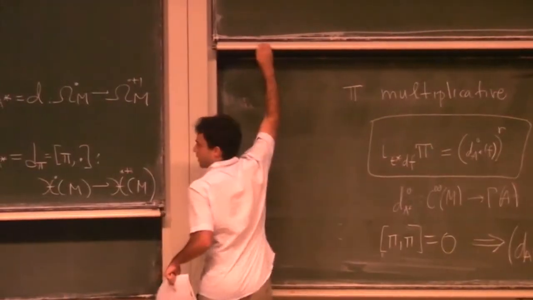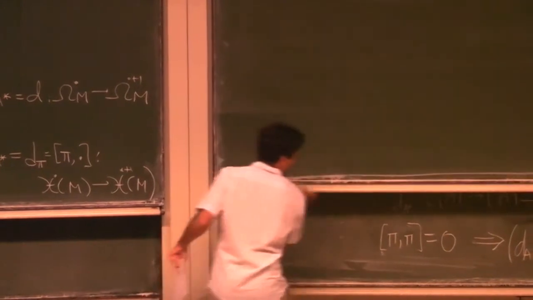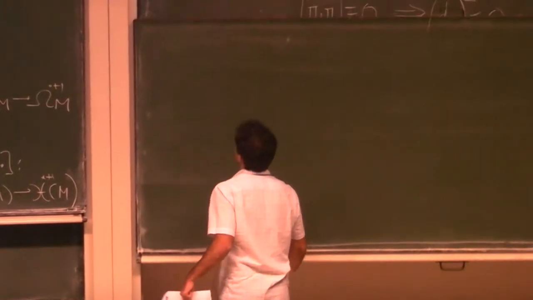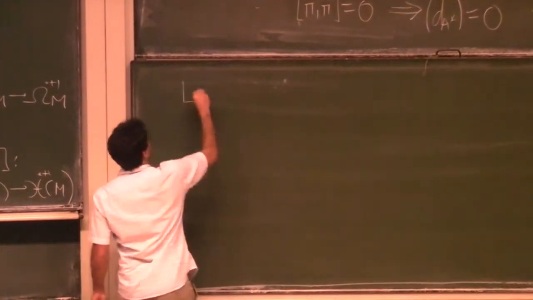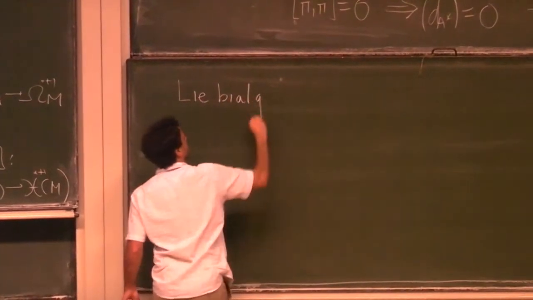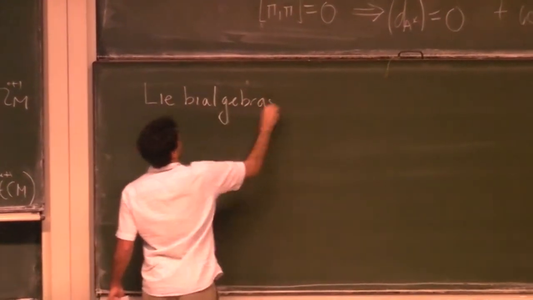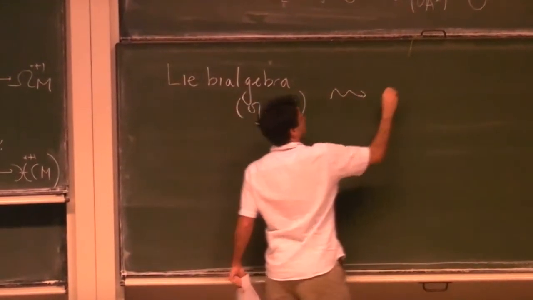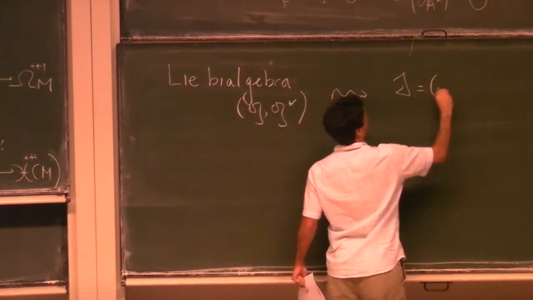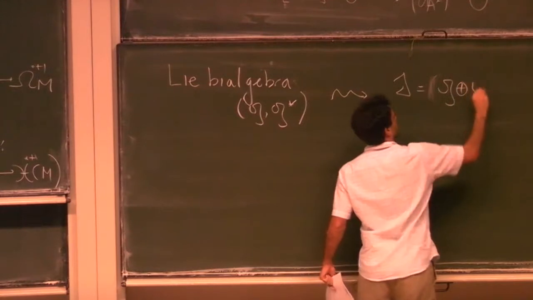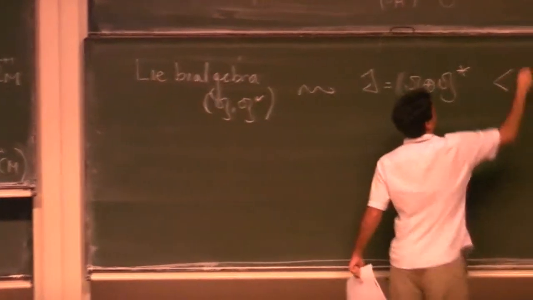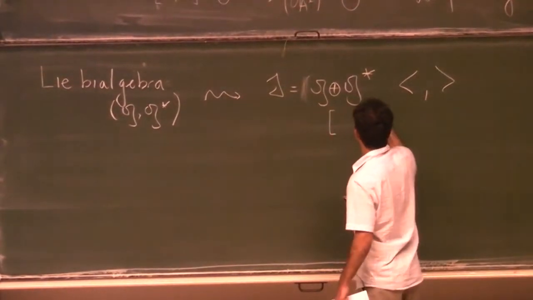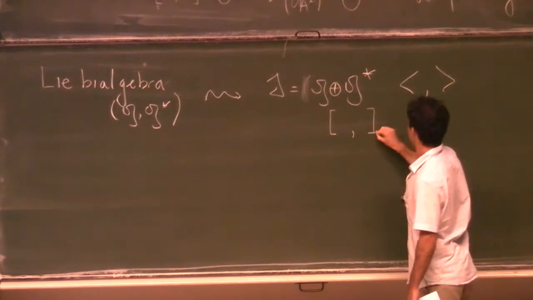So recall that for Lie algebras, it was a nice point of view to first consider its direct sum with the natural symmetric pairing that you have there. And we saw that there was a certain bracket that you could put on this direct sum.